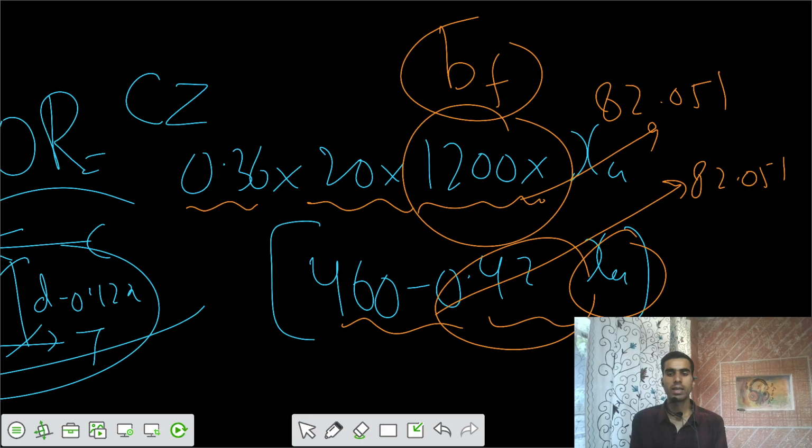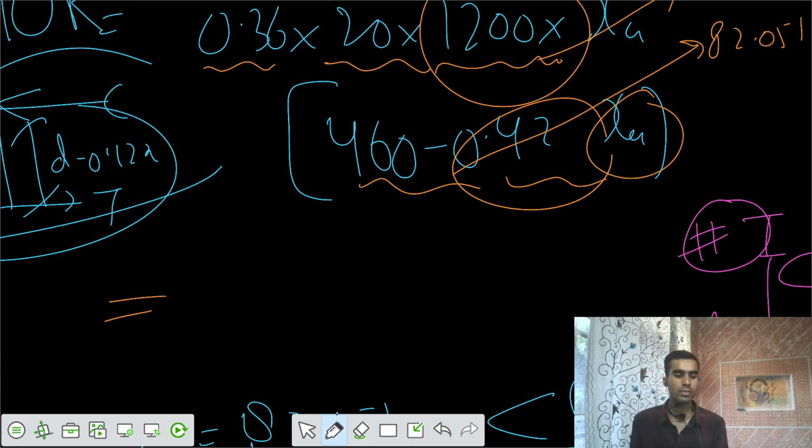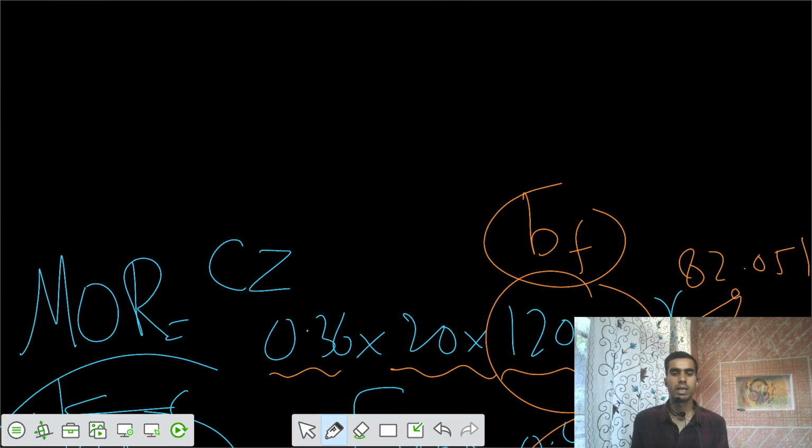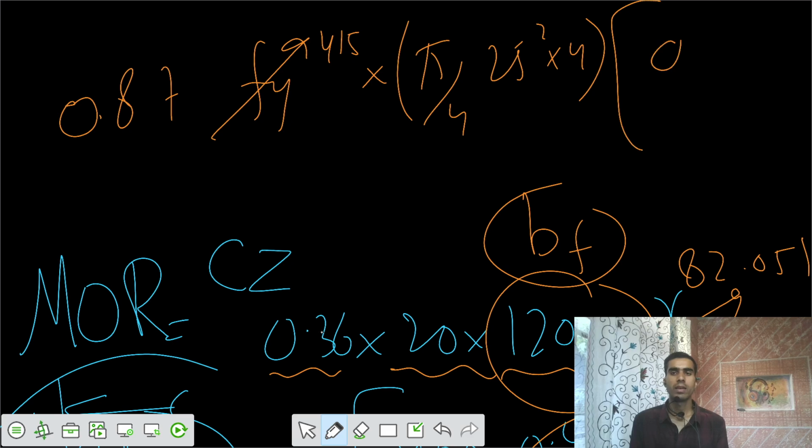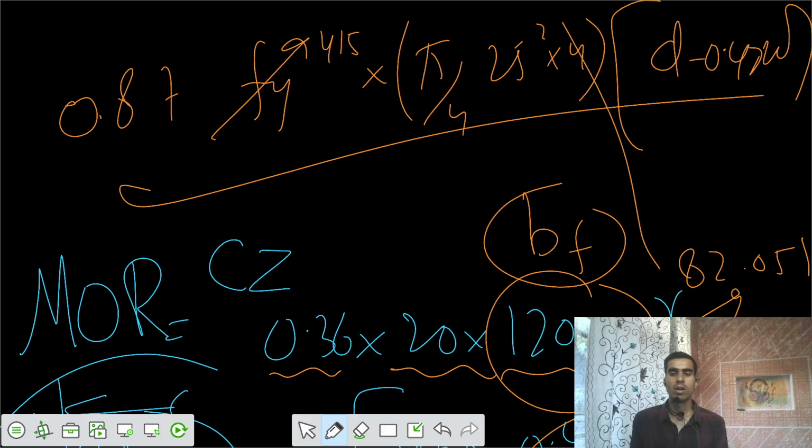You can solve that and get the moment of resistance equal to 372.57 kilonewton meter. You can also solve it by 0.87 fy Ast, this is your Ast, into that same value of (d minus 0.42 xu), and you can get the same value of moment of resistance.